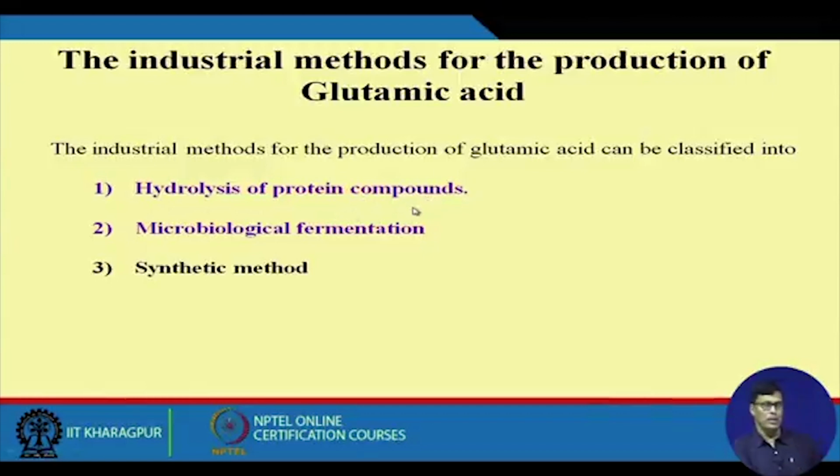As I mentioned, the first identification was done from gluten molecule by the German scientist, and also it is a microbial fermentation process we can produce, and besides that chemical process also can be used for the production of glutamate. First let me discuss how through protein hydrolysis we can produce glutamic acid.